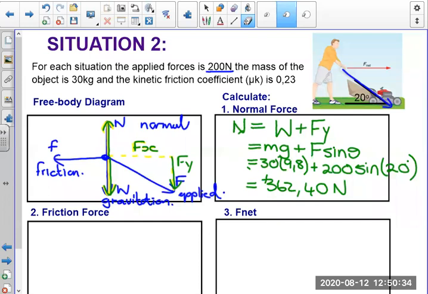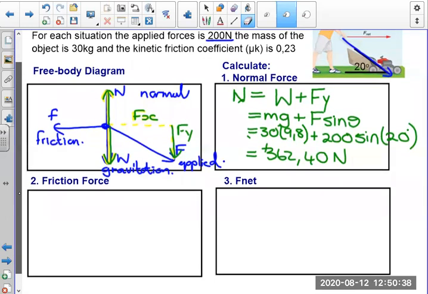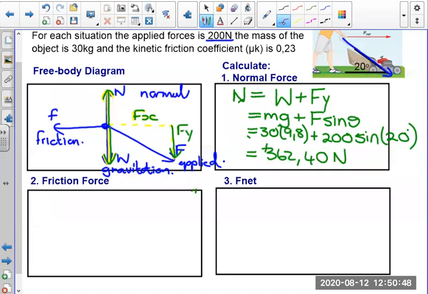Okay, then the next one is the friction force that they want to work out. Now, because we have the friction coefficient and we just worked out the normal force, for the friction force we're going to say friction equals the friction coefficient, which is 0,23, times the normal force, 362,40.